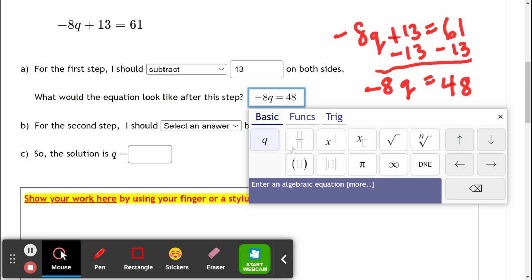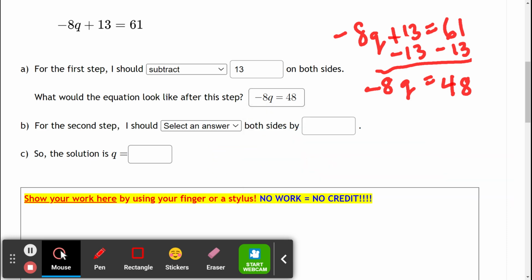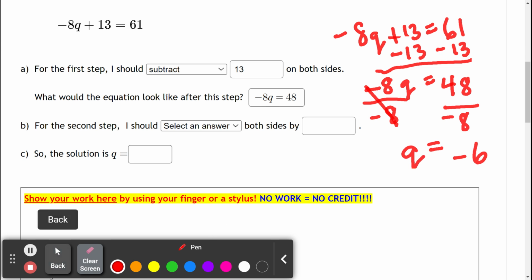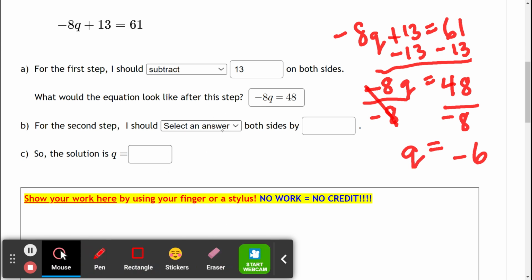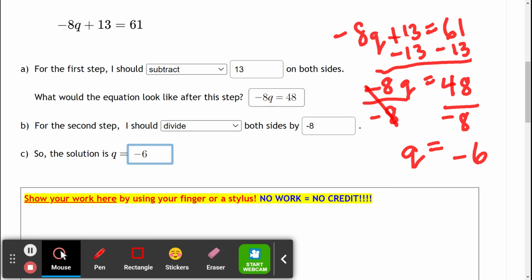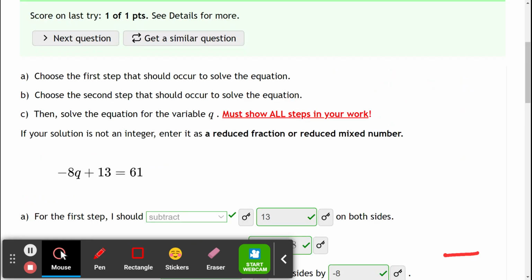And now we would divide by negative 8 on both sides, and 48 divided by negative 8 is negative 6. So q is equal to negative 6. And there we go.